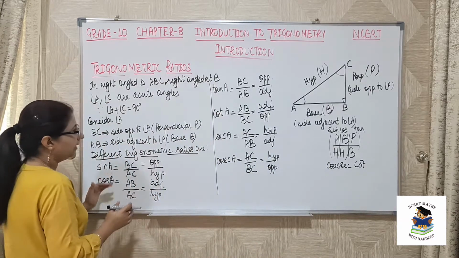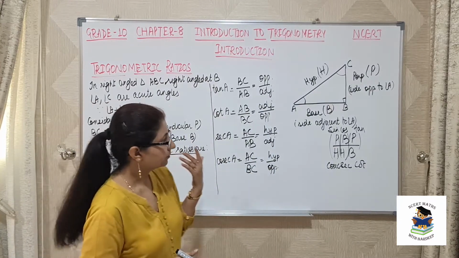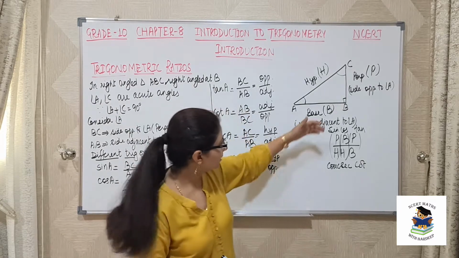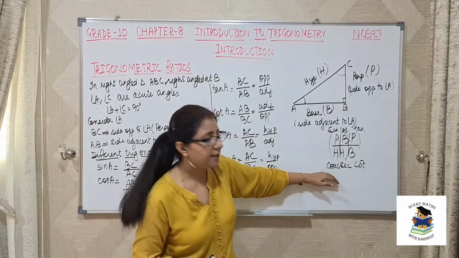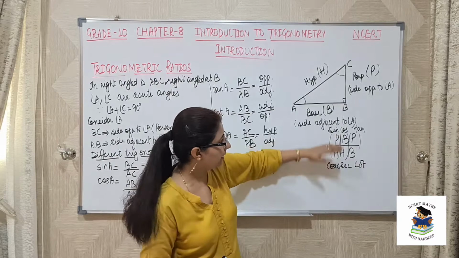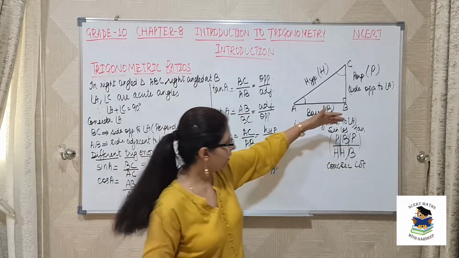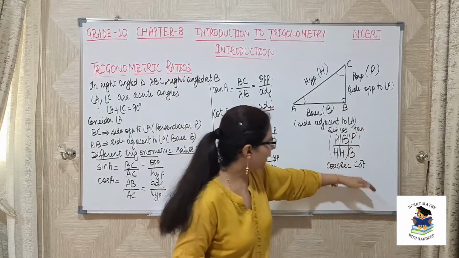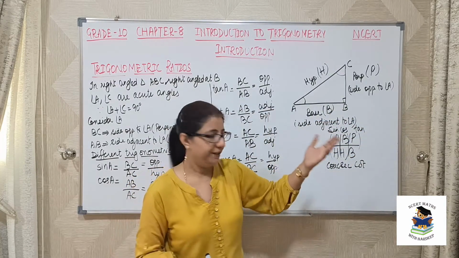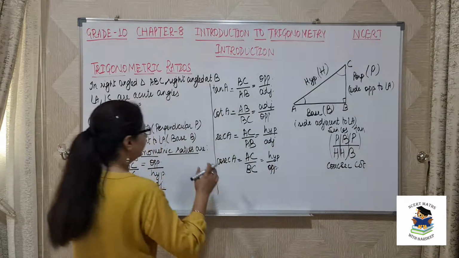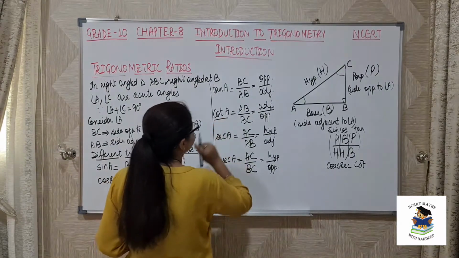Now we can see that certain ratios are reciprocal of each other. So here you can see sine and cosecant are reciprocal, cos and secant are reciprocal of each other, and tan and cotangent are reciprocal of each other. So here let's see cot.